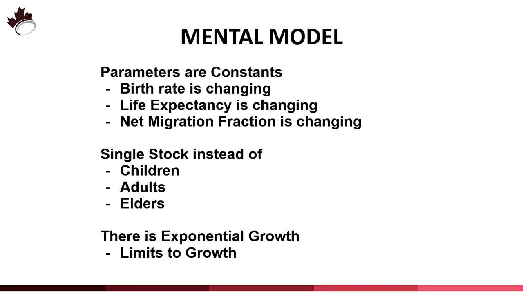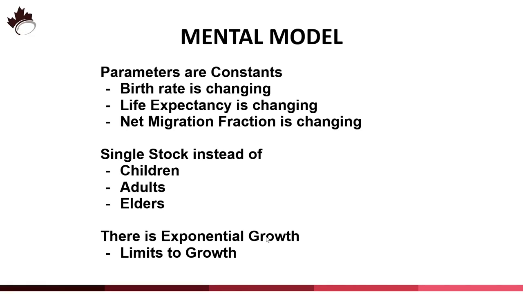And as I said, I showed you the original model, which was a single stock of population. In the second model, I showed children, adults, and elders as subpopulations. And you could break those down to actually be each year of life. And then the last thing was, there's an assumption here of exponential growth, and we know that this cannot go on forever.